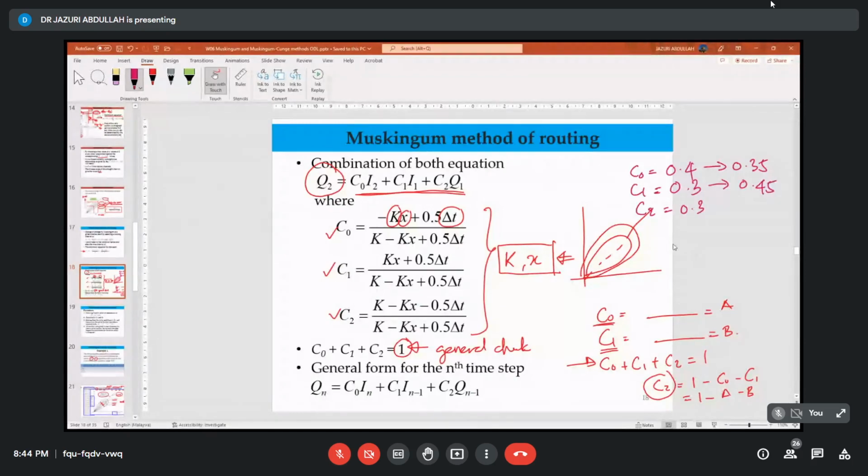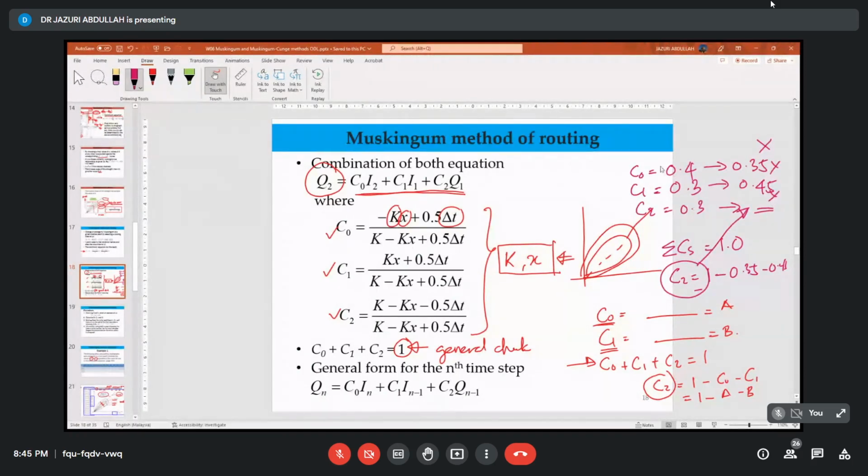Then you apply the summation of the C's, and you get 1.0. So when you subtract, C2 equals 1 plus 0.35 minus 0.45. Whatever calculated value you put in this part, you will get a value, but it is basically wrong.